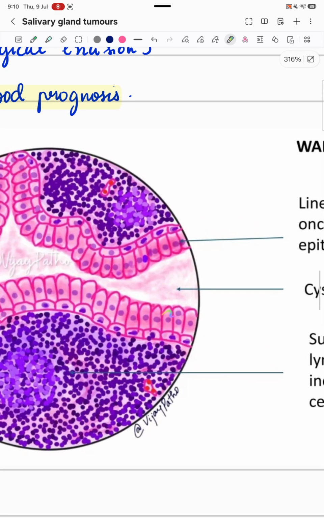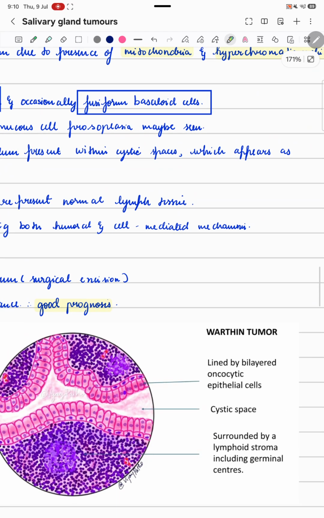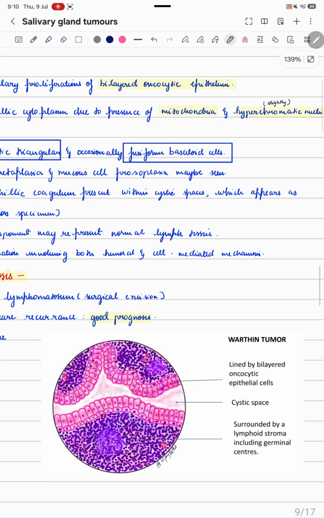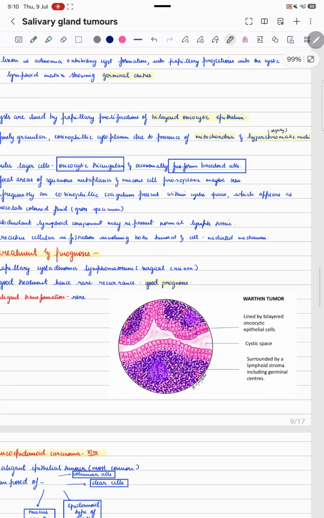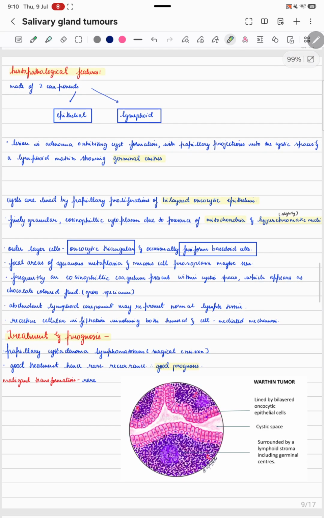So this is granular cytoplasm because of the presence of mitochondria. That is very important: mitochondria and hyperchromatic nuclei. The nucleus is hyperchromatic and mitochondria give a granular appearance.